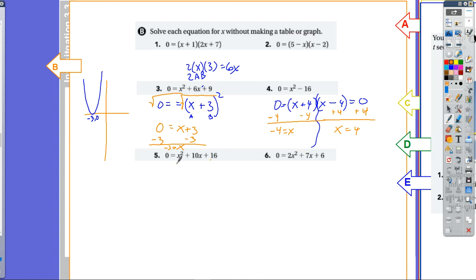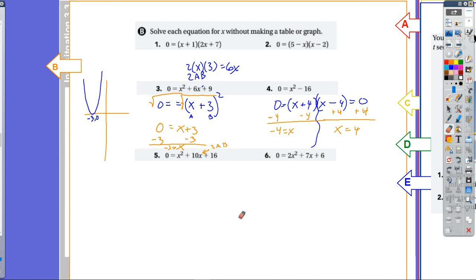If it's a square binomial, we would have x plus 4 squared. For it to be a square binomial, this term here has to be 2 times my a value times my b value. So 2 times x times 4, that's 8x. That's not 10x. Oh, shoot. So that doesn't work.